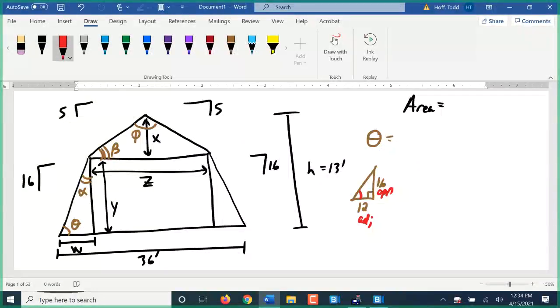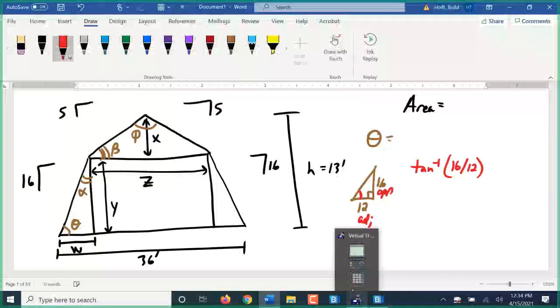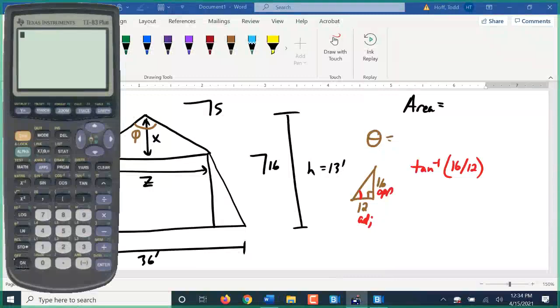That's a tangent. So to find the angle, we're looking at an inverse tangent of the opposite side, 16, over the adjacent side, 12. Make sure my modes are set, and they are. I got 53.13 degrees.